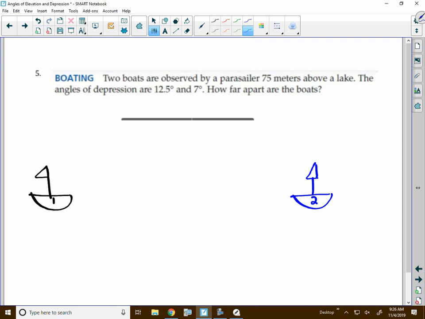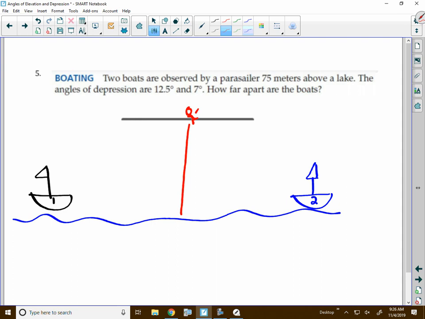Okay. 2 boats are observed by a parasailer that's 75 meters above the lake. So, here's our lake. Okay, so if the parasailer is 75 feet above, here's our parasailer. Okay, so 75 feet above the lake.